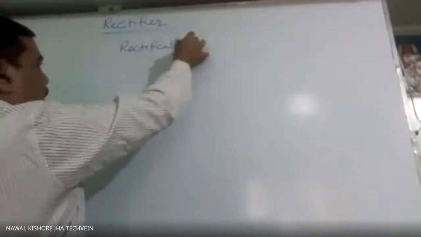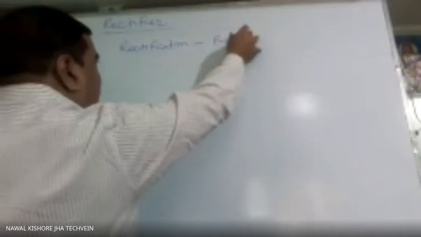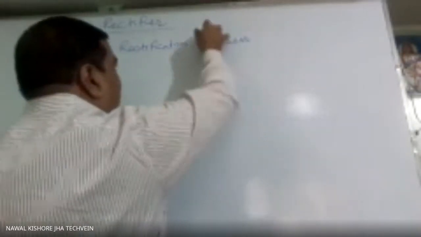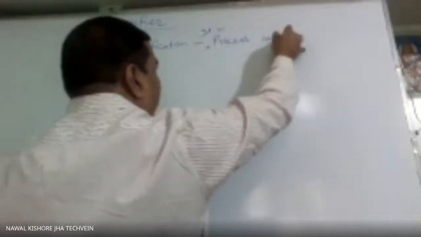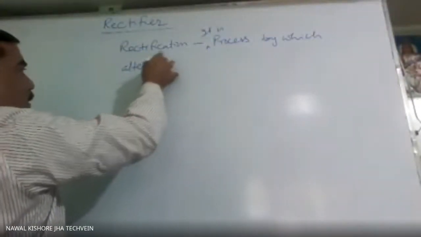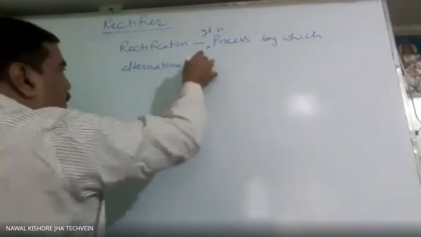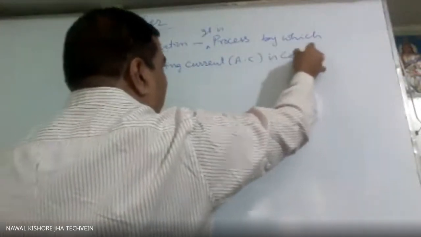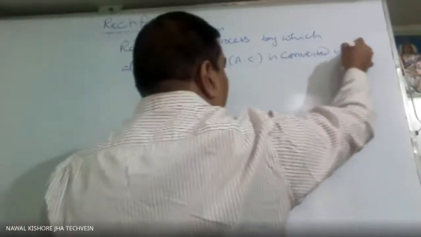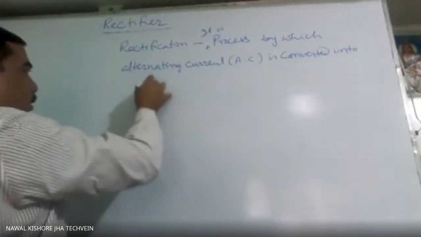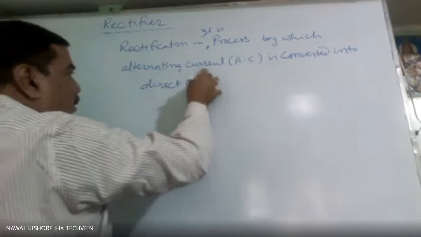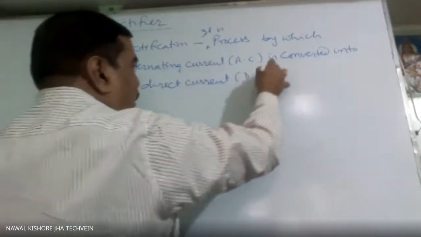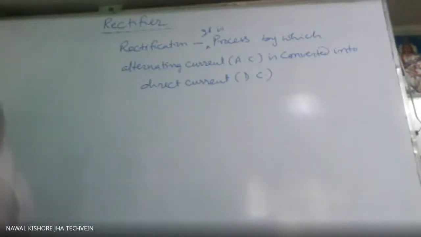So rectification is the process by which alternating current is converted into direct current. So we are converting AC into DC.